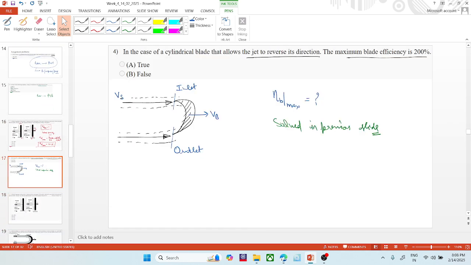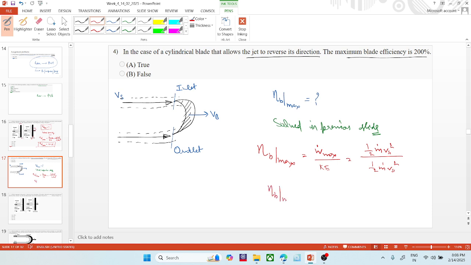So here, from the previous slide, the eta b maximum would be W dot maximum divided by the kinetic energy. Both have the same values, half m dot Vs square and half m dot Vs square.